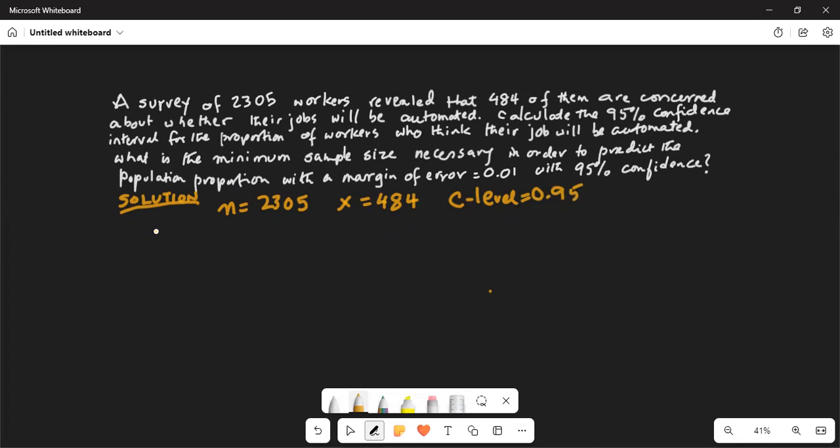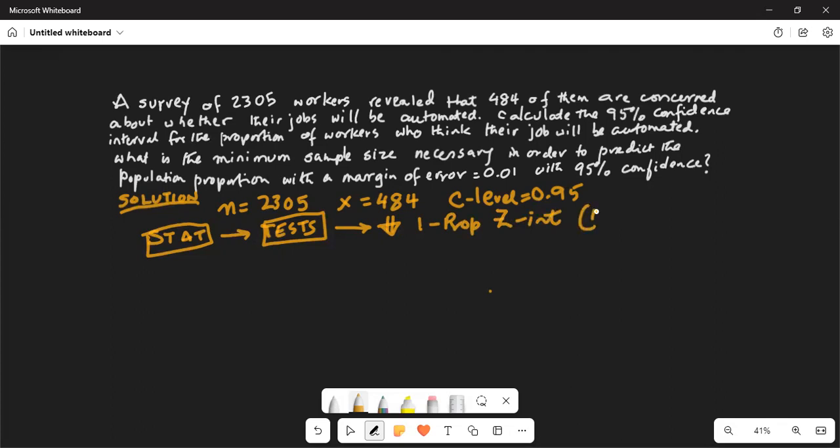So I will use TI-84 stat, test, highlight test on the top row, and then scroll down to one prop Z int.